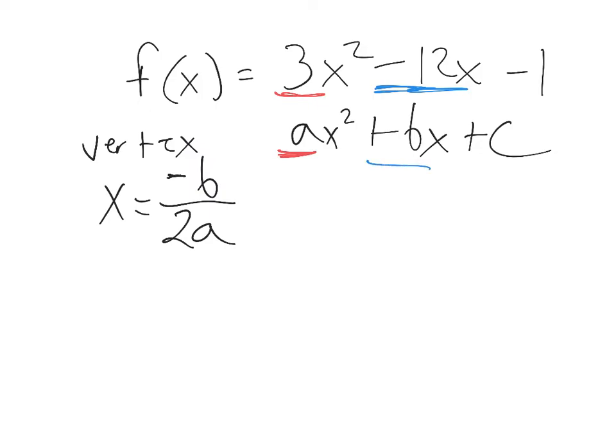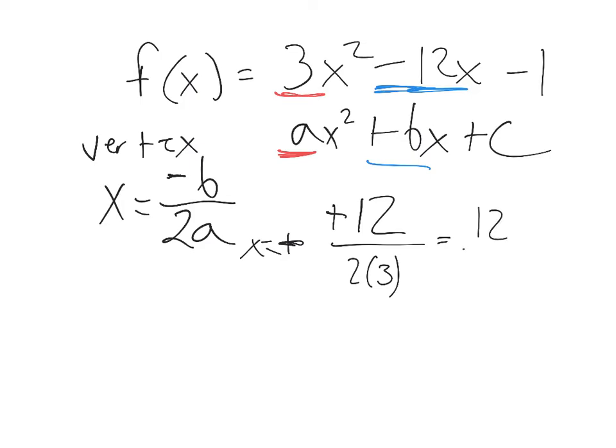And so in this case, x equals negative negative 12 over 2 times 3, which, remember, these negatives cancel, become positive, and so I get 12 over 6, which is 2.